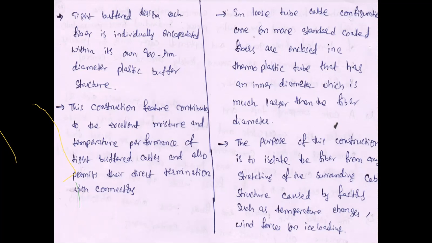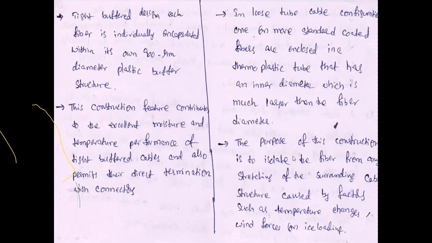Next, for this tight buffer, this construction feature contributes to the excellent moisture and temperature performance of tight buffered cables and also permits their direct termination with connectors. Nothing but it eliminates moisture conditions and some noise.